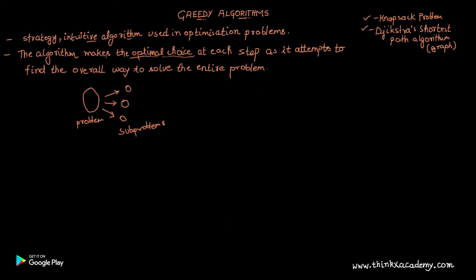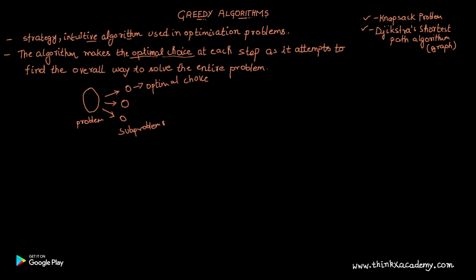In case of a greedy algorithm, if a programmer chooses a greedy algorithm to solve this problem, he's going to solve these sub problems in such a way that he will make an optimal choice. The basic idea is to optimize these sub problems, and when these sub problems are optimized, they will contribute to the optimization of the whole problem. We will see how the knapsack problem is solved using the greedy algorithm.